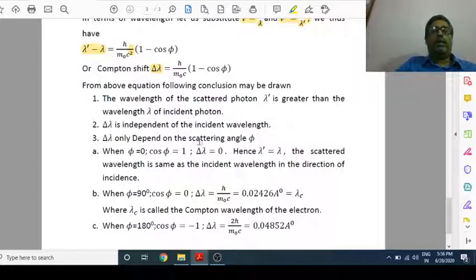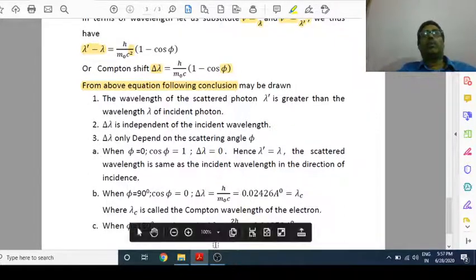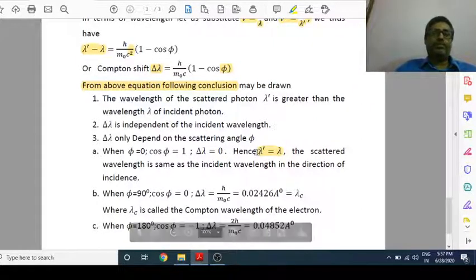Del lambda only depends upon the scattering angle phi, only phi is here, theta is not here. If phi is 0, cos 0 is equal to 1, 1 minus 1 is equal to 0, it means del lambda is equal to 0. Del lambda 0 means lambda equals lambda dash, so there will be no change in the wavelength.